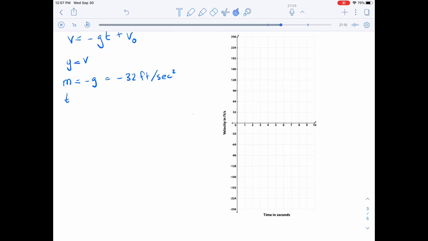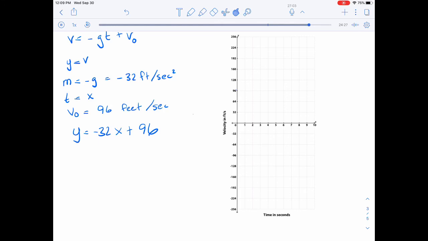Let's let the variable t, time, equal the variable x. And our initial velocity, v0, is equal to 96 feet per second. Let's put this equation into y equals mx plus b format. So we would have y equals a negative 32x plus 96.